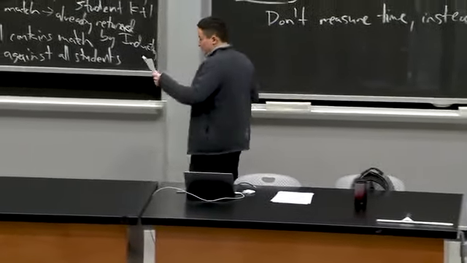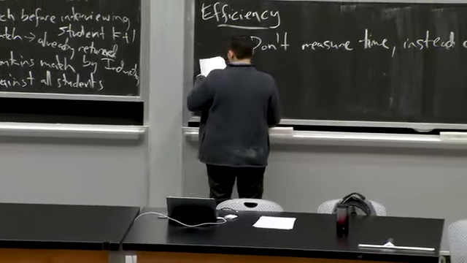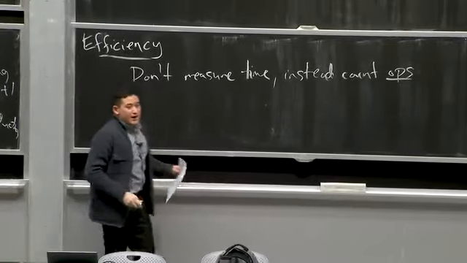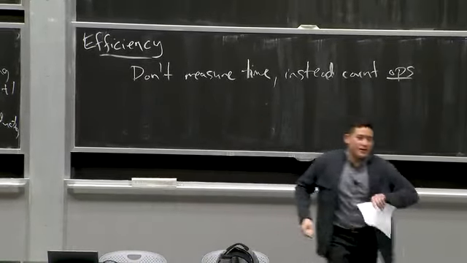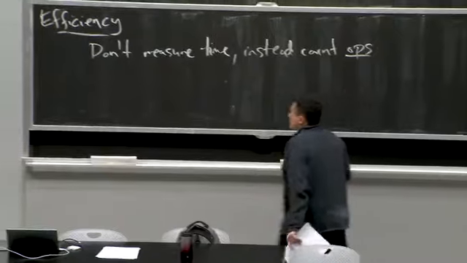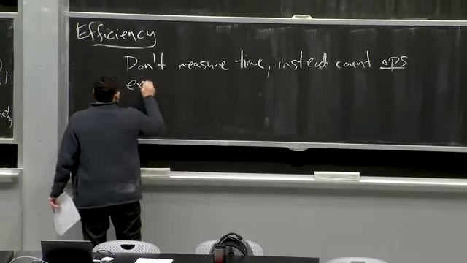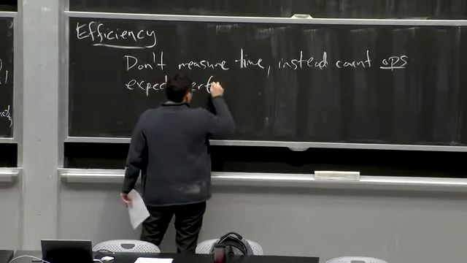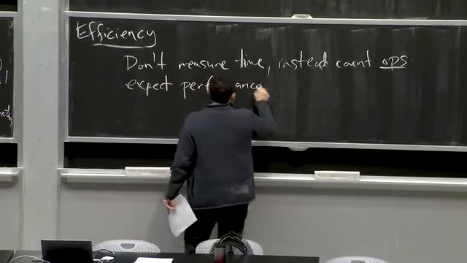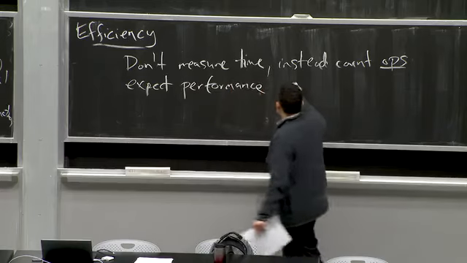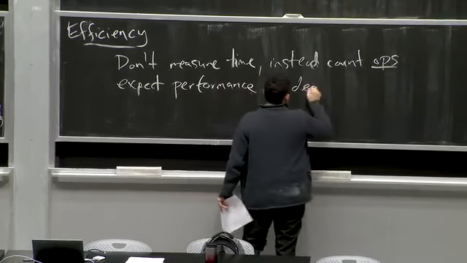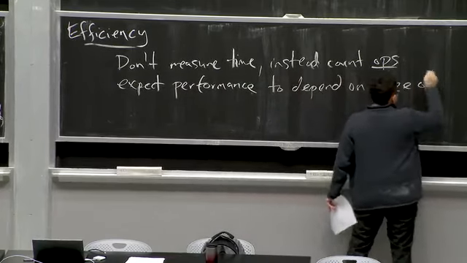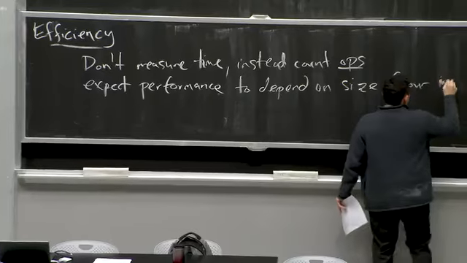But just to give you an idea, the idea here is we don't measure time, we instead measure ops, and like your colleague over here was saying before, we expect performance. I'm going to use performance instead of time here. We expect that to depend on the size of our input, right?